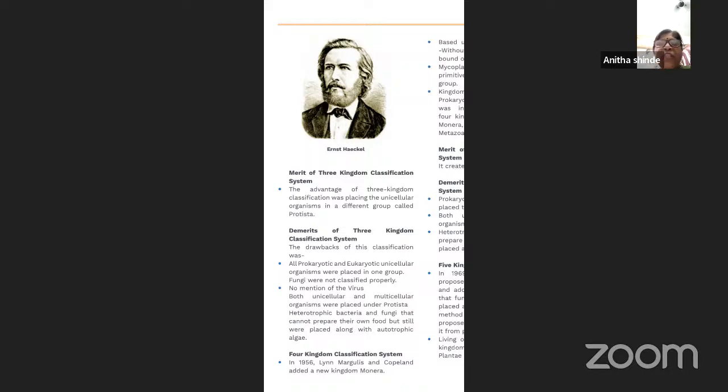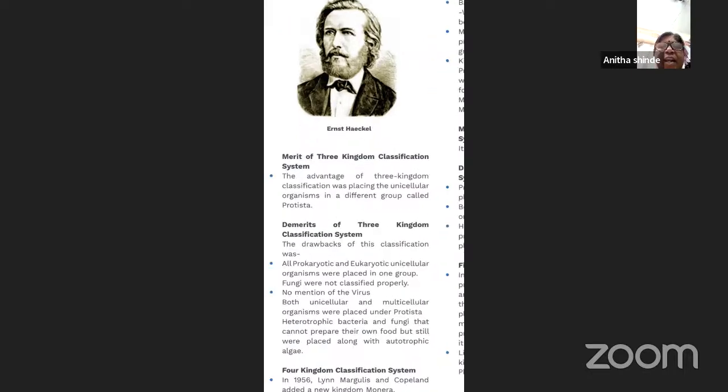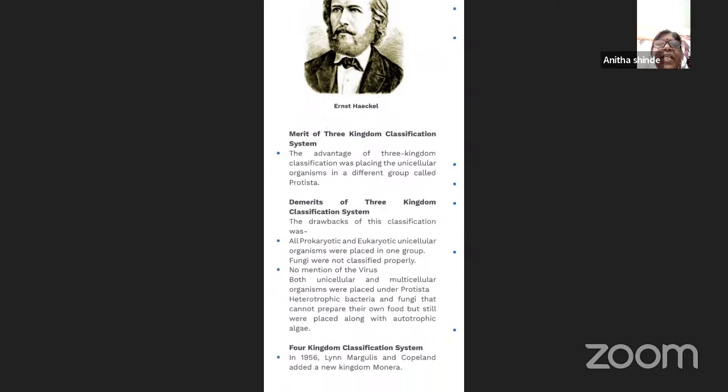Now coming to the merit of 3-kingdom classification. The advantage of this was placing the unicellular organisms in a different group called Protista. Now, why his classification got significance is, he considered all the unicellular organisms, because bacteria are unicellular organisms, fungi, almost all, the majority of them, all the unicellular organisms he considered to be under one group.